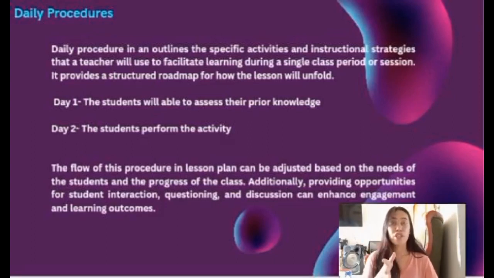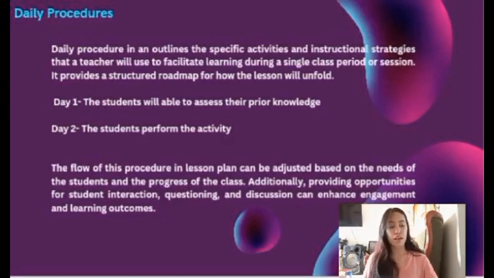instruction of what you have been discussing, and also you connect the day's lesson to the broader curriculum.